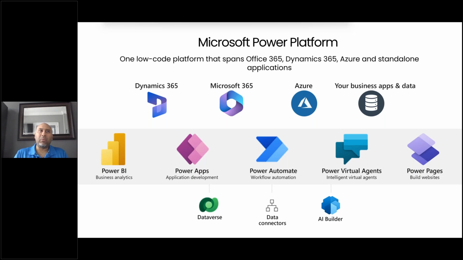And then Power Pages, where you're building these really powerful websites, whether they're authenticated for your end users or unauthenticated for anonymous users on public-facing websites. And you think about the Power Platform as that end-to-end platform for low-code and rapid development for Microsoft 365, for Dynamics 365, built on Azure, or your own app development or customization and your own business apps and data.